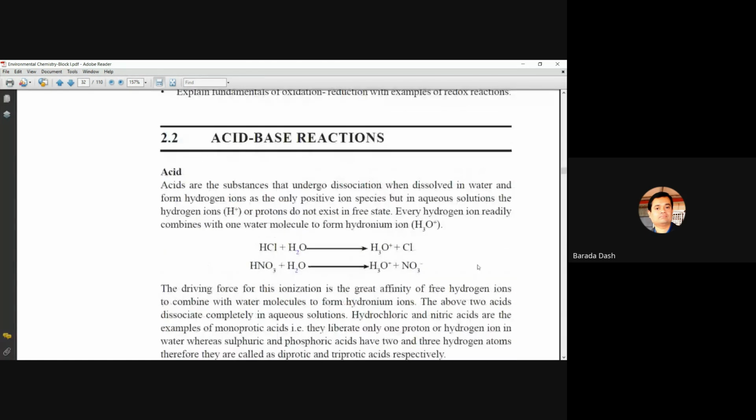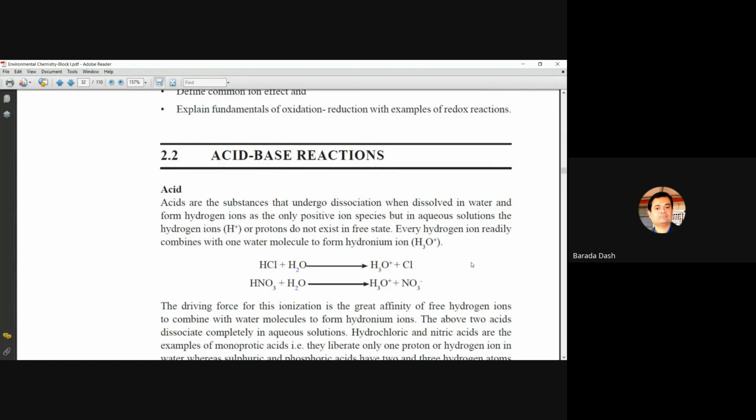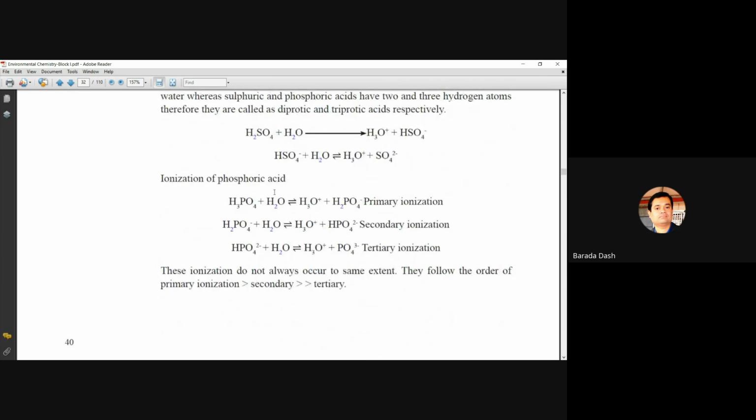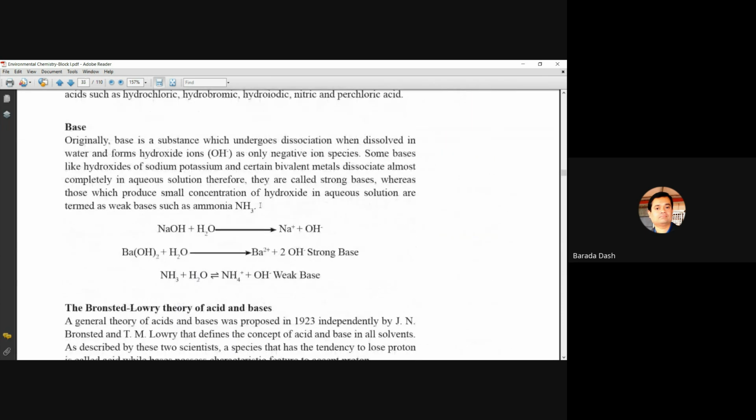Okay, so now let us discuss acid-base reactions. When an acid reacts with a base, a salt and water are produced. What is an acid? Hydrochloric acid, nitric acid, which can donate a hydrogen ion, H plus. A base is basically something which can generate a hydroxyl ion.